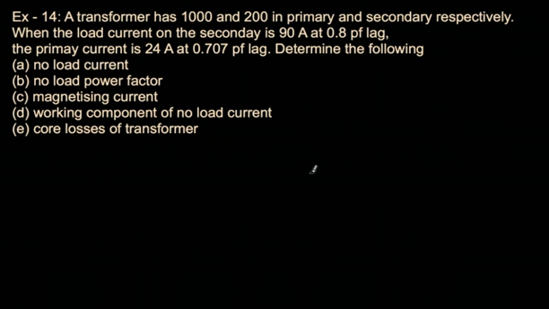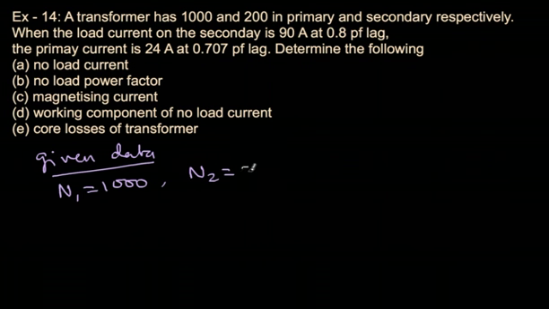A transformer has 1,000 and 200 turns in primary and secondary respectively. So let me write the given data. N1 is 1000 and N2 is 200. Load current on the secondary is 90 amperes at 0.8 power factor lag.